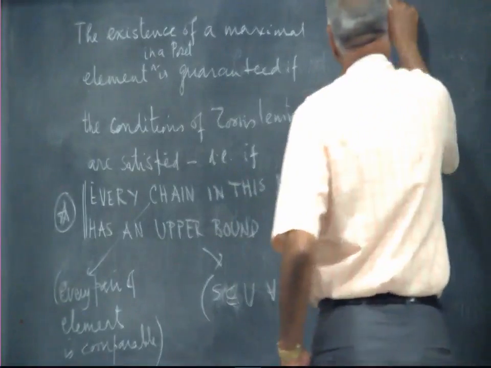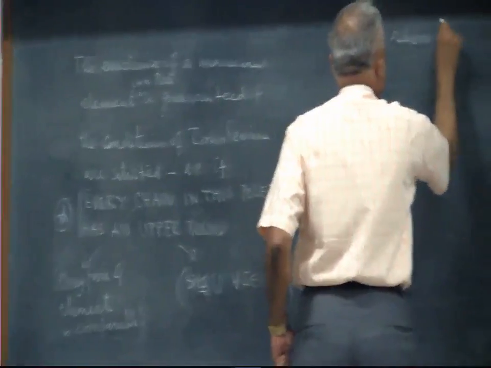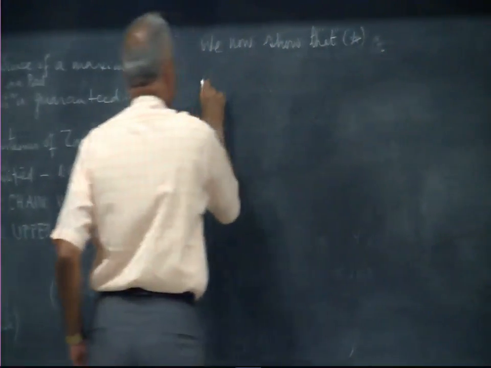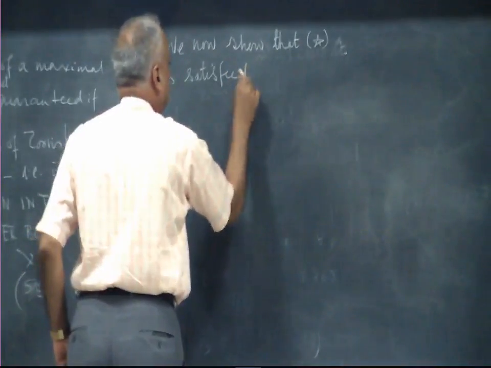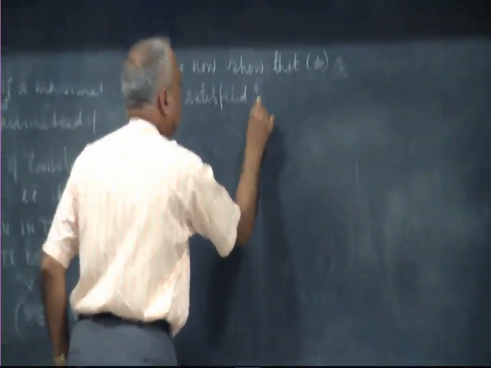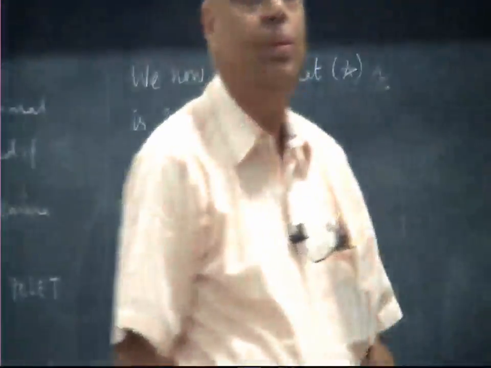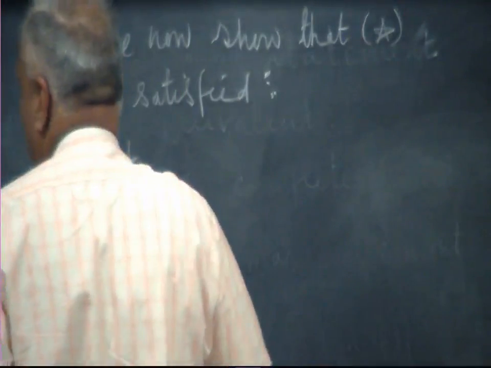We now show that star is satisfied. What do we have to do to show that? Every chain. So, start with any chain. Let K be any chain.